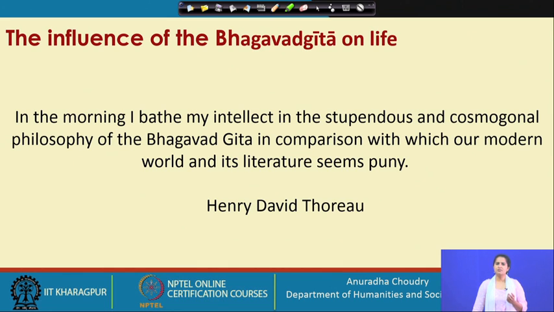So this literature that we have, and for which Sanskrit is the key, has touched the lives not only of millions and millions of Indians, but hundreds of great minds across the world.